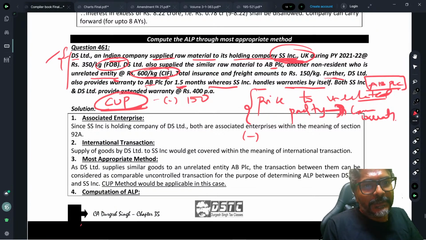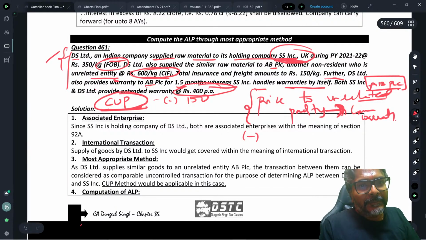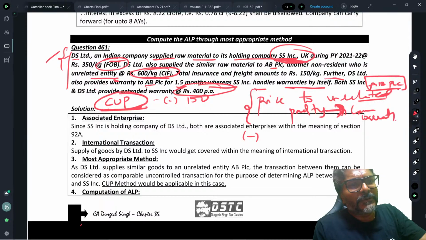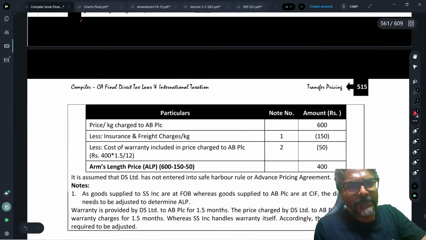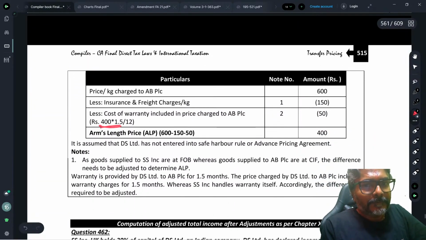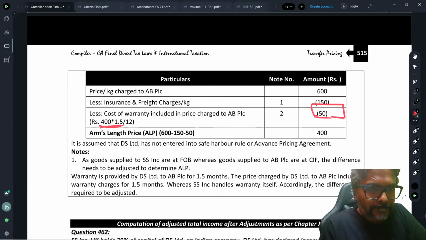1.5 months extended warranty. So students, this is per annum. So what would be for 1.5 months? I think the proportion has to be taken. Okay. So therefore, this becomes X warranty.